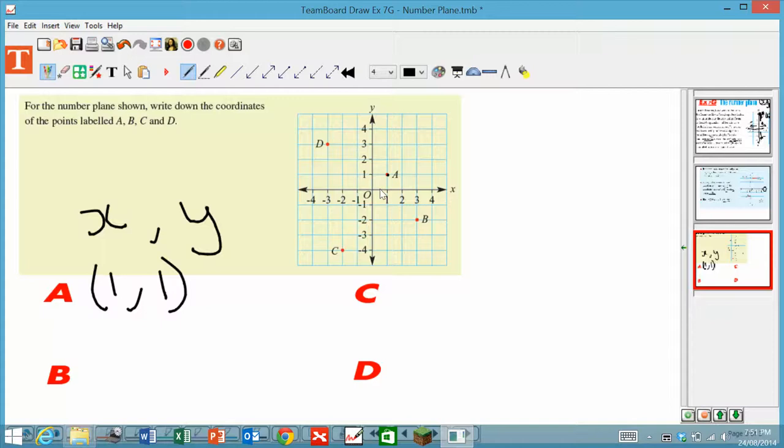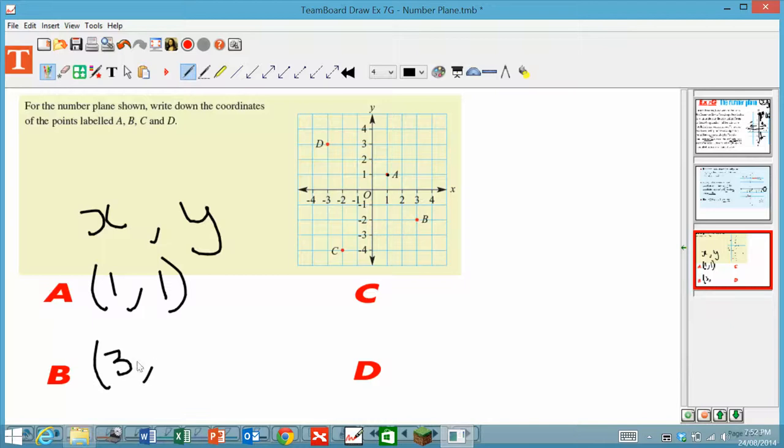For point B, I'll look at my x first. It lines up with the third point on my x-axis, and it's positive. My y is going down into the negative, at -2.